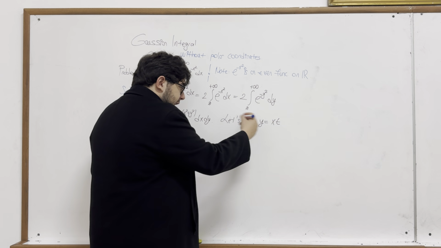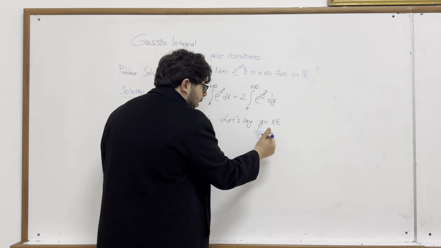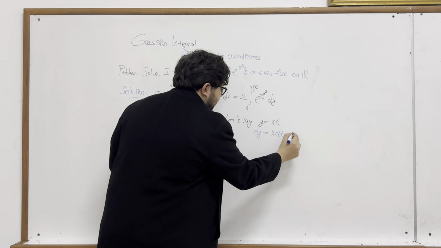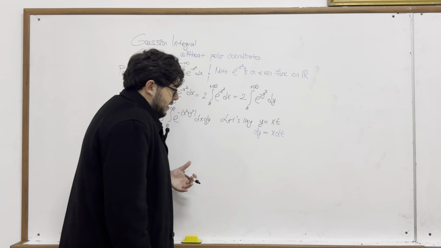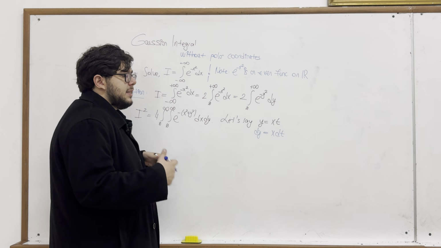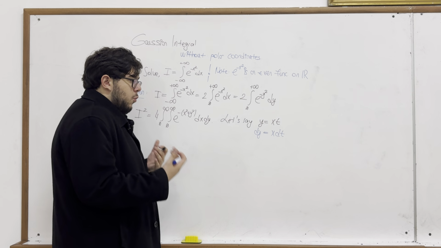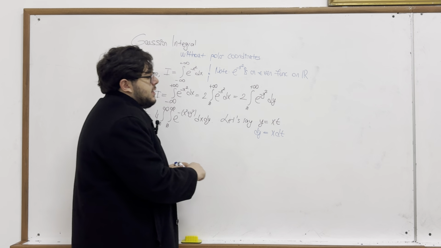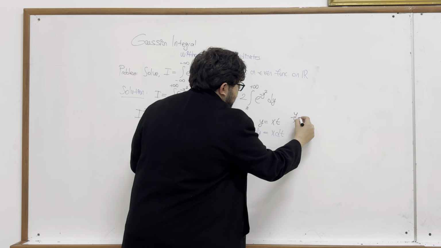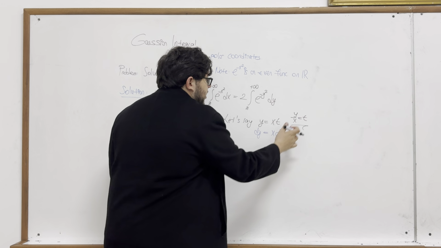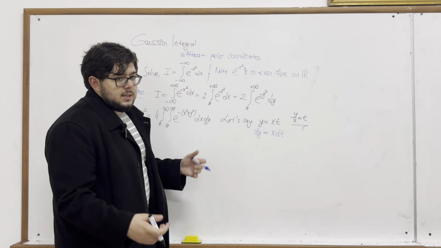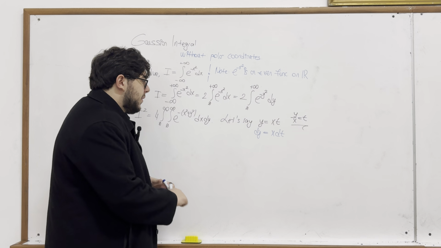So if you differentiate both sides, you will have dy equals x dt instead. Okay, I can do this. This is legit. Why? Because we are just saying y over x is equal to t, a constant. But actually this t here is a variable. That's legit, and there's no problem with this.